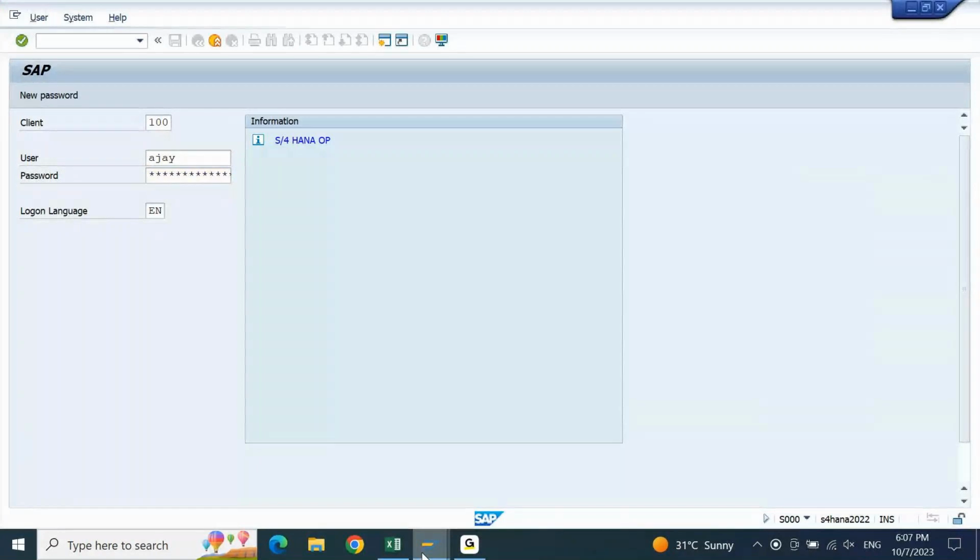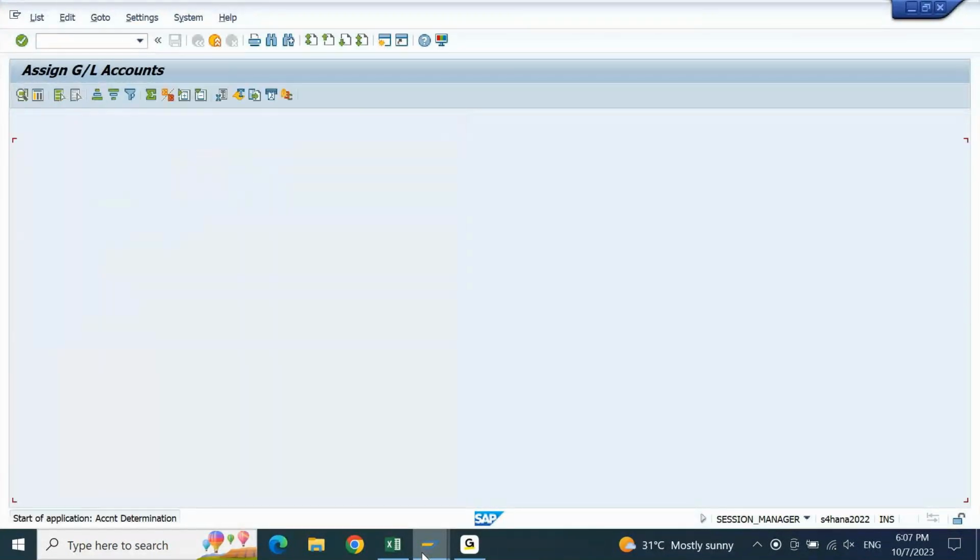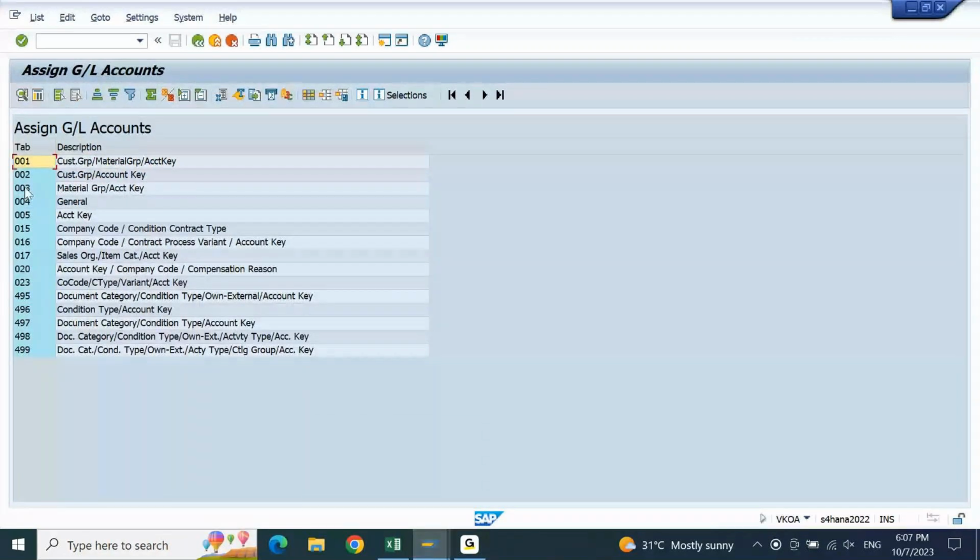Yes, sir. One account key will be there. But if I go to this, only the first 5 you need to remember. The remaining ones, just ignore them. Only the 5 that you are able to see there, they want you to explain on what basis, on what combinations you are going to assign revenue account in your SD integration.